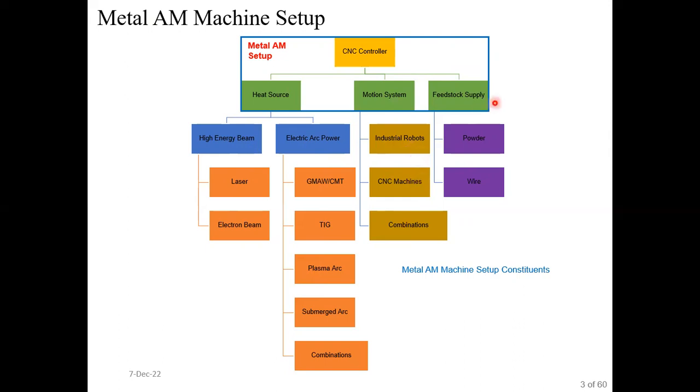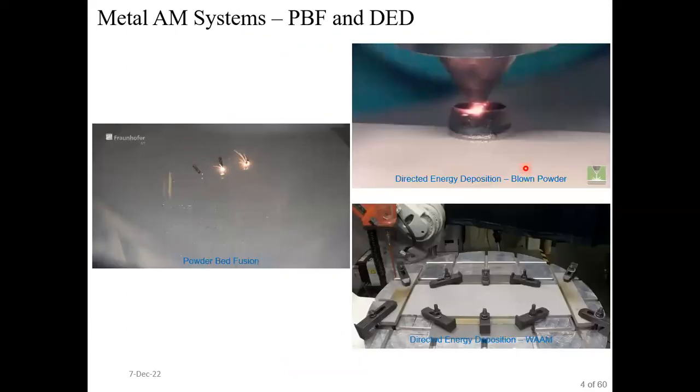For feedstock supply, we have dedicated machines in which metal feedstock is supplied in the form of powder and wire. In powder, there are 2 types of material supply. The first one is powder bed, and the second one is blown powder. Here on the left side, this process is basically the powder bed fusion process, in which we can see that a small gear type structure is being deposited.